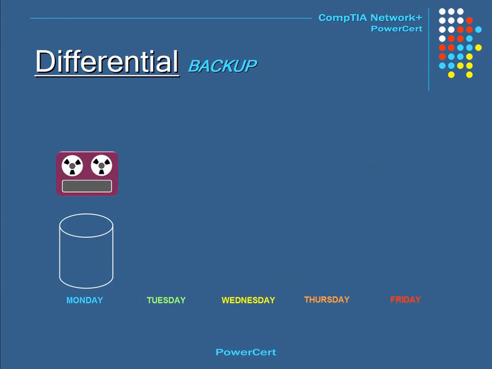In a differential backup, the data that is backed up is the data that has been changed since the last full backup. Going back to our example, a company does a full backup on the weekend and differential backups on weekdays. As data is being added to the database each weekday, the differential backup will back up the data that has been changed since the last weekend full backup.